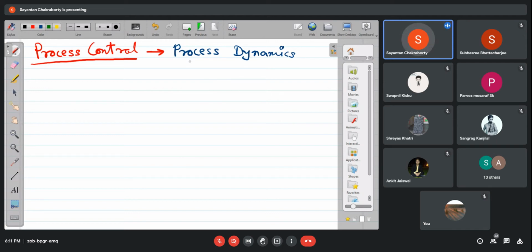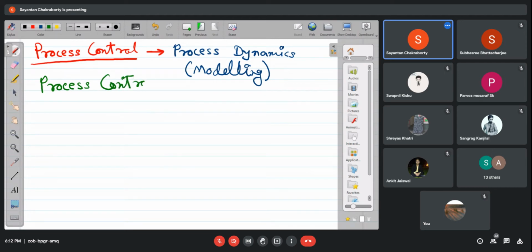We shall discuss this. Modeling is the one part, and the second part is obviously the process control part, which will be much more important. But without this process modeling, you cannot proceed to the process control part.